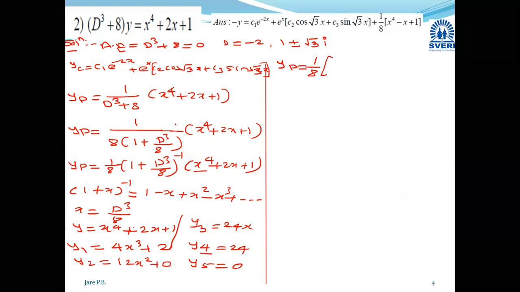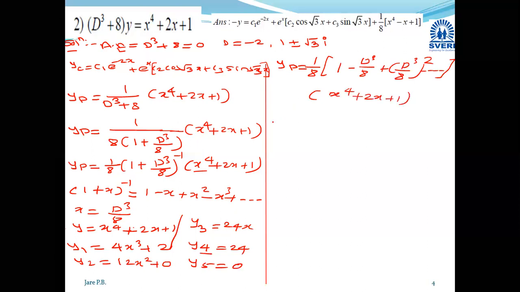So note that while expanding the term, yp equal to 1 upon 8 times (1 minus D cube by 8 plus (D cube by 8) square minus so on), operating on x raised to 4 plus 2x plus 1.